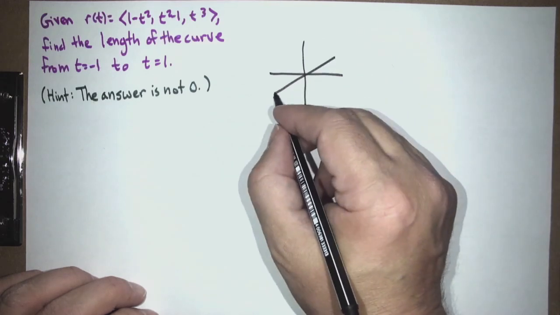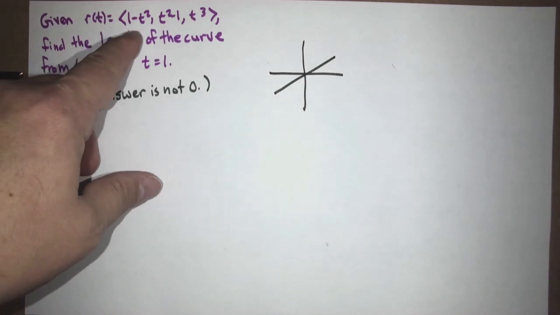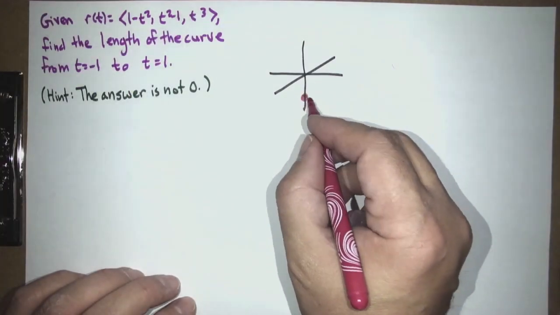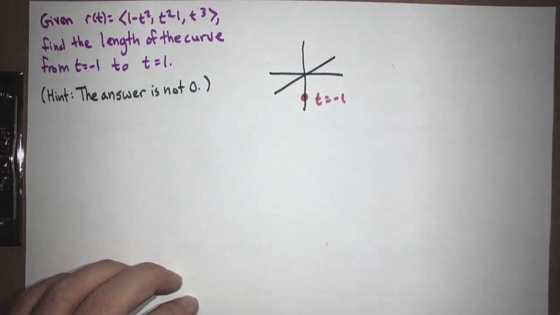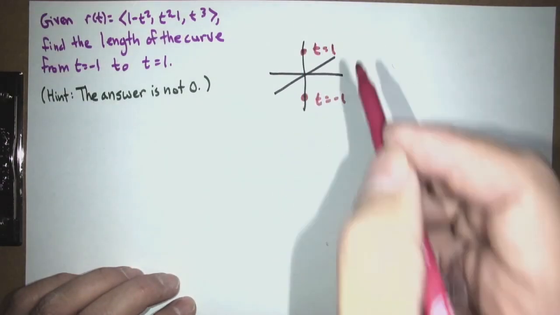I mean, certainly time has changed, but that doesn't mean position has changed. Where are you at time negative 1? Can we figure that out? 0, 0, minus 1. Where are we at time 1? 0, 0, plus 1. So we've definitely moved.